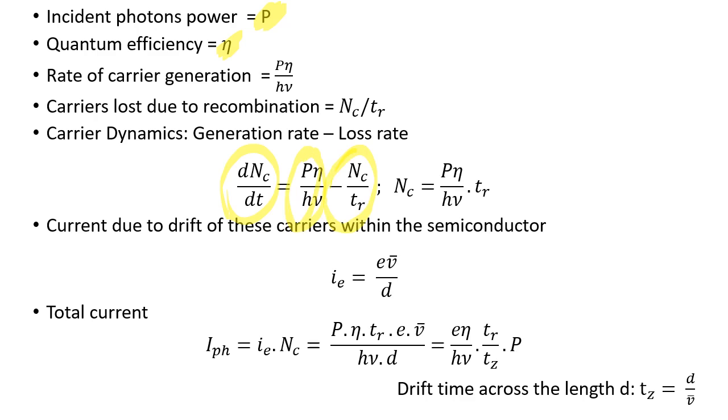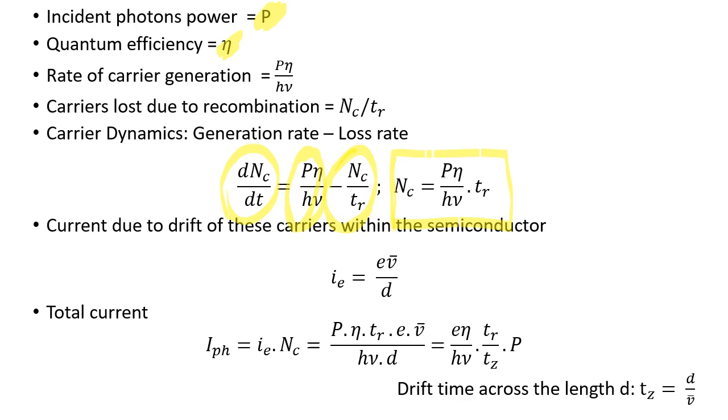So in steady state, of course, you imagine that your signal is fixed, power is fixed, hence the signal is fixed. So in steady state, you see that dn_c over dt is 0. That gives you that your n_c is governed by something like this. It has got the rate at which the carriers are being generated multiplied by the lifetime of the carrier, which is a lifetime of survival, essentially, of the carrier before it recombines.